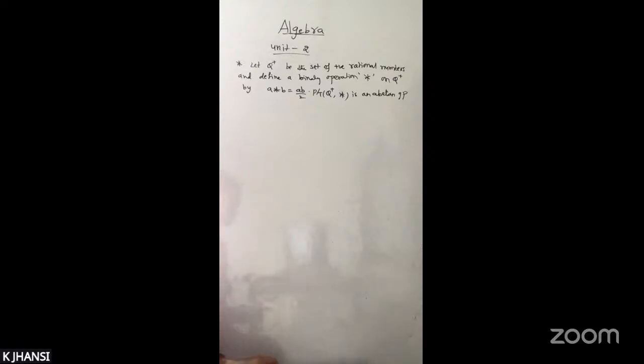So in the solution you can write: star is a binary operation on Q plus, since AB by 2 is a positive rational number whenever A and B are positive rational numbers. Whatever sentences are there, you can write from the textbook.